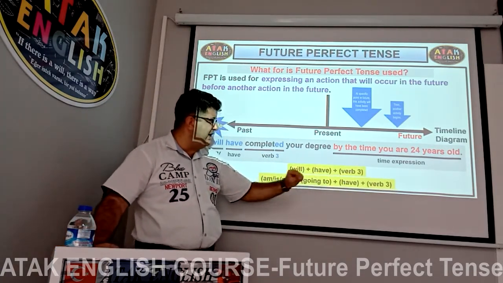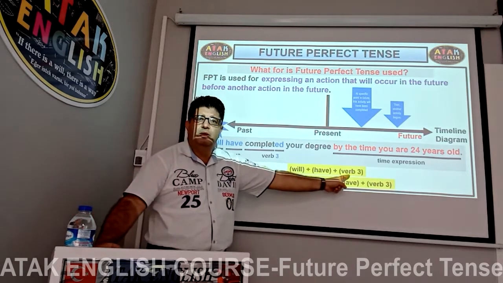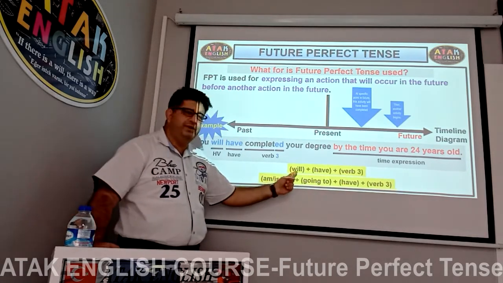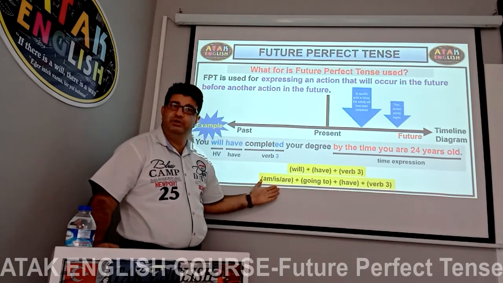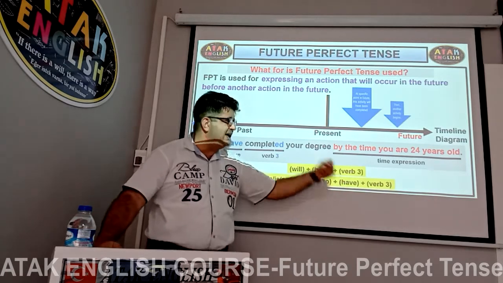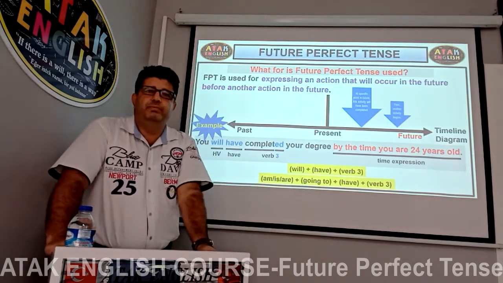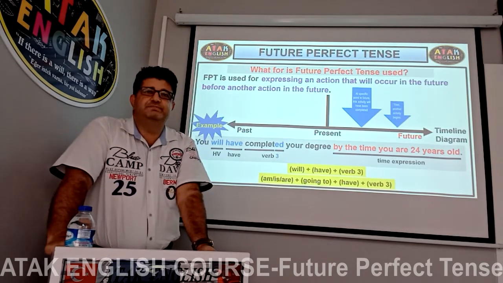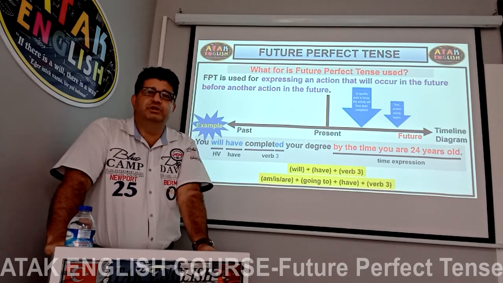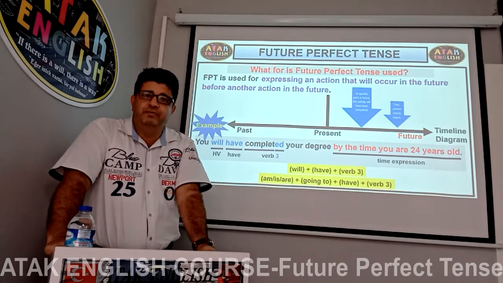Will plus have plus verb 3. Or instead of will, I can also use to be going to. So to be going to plus have plus verb 3, which is the past participle form of the verb we're going to use in future perfect tense.